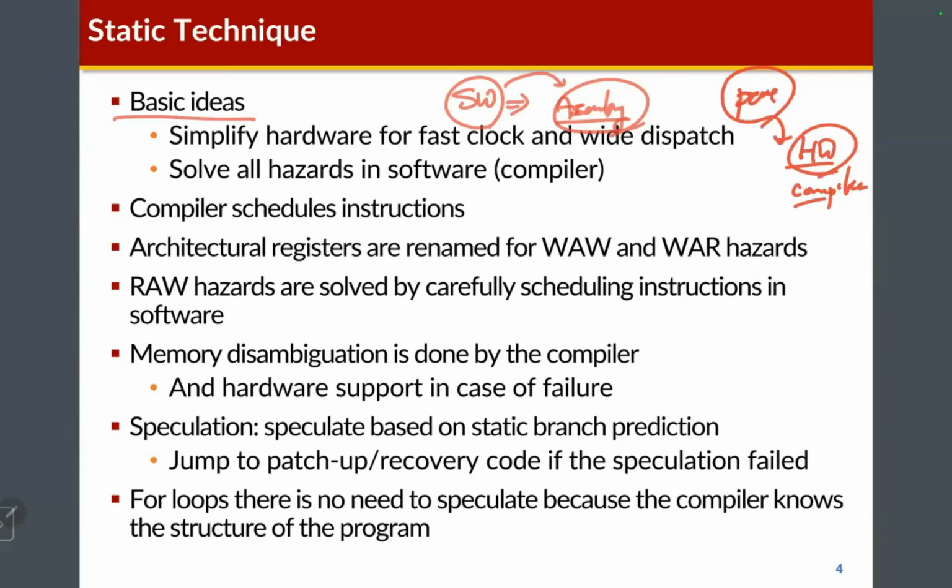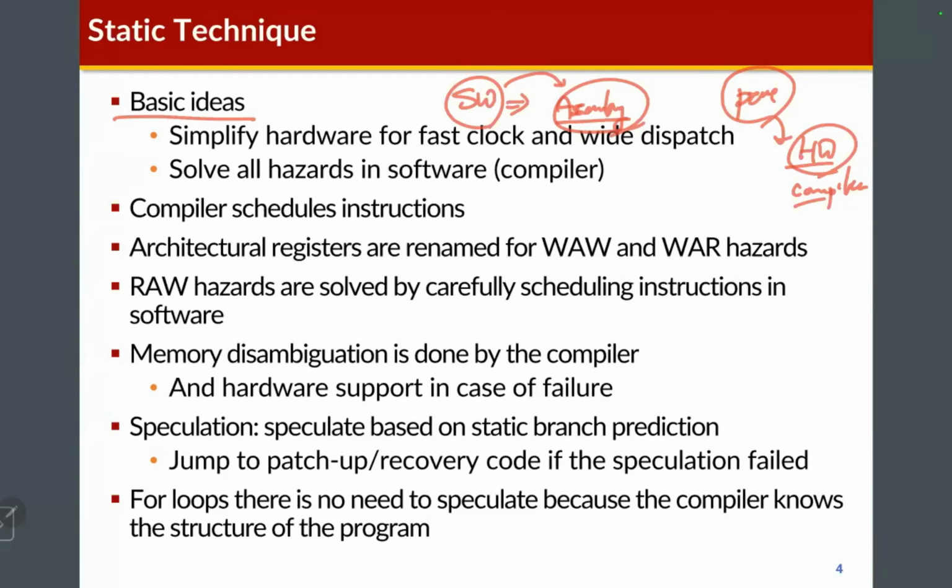So the problem is that the hardware is getting more complex, and if we apply more complex hardware, then it will consume more power and higher cost. So the idea of LIW is that we can use very simple hardware, like the 5-stage pipeline architecture.